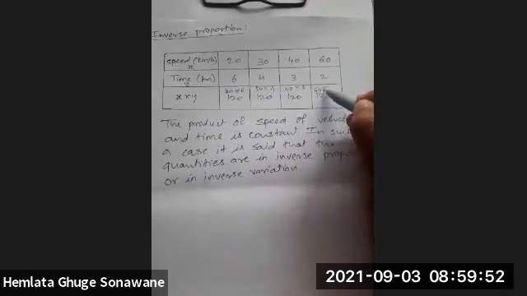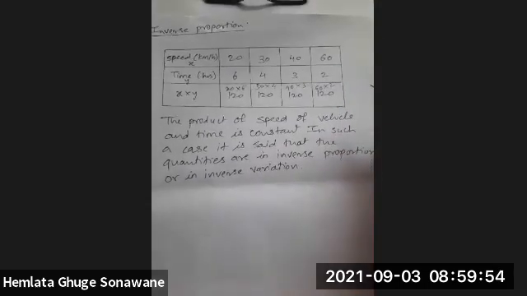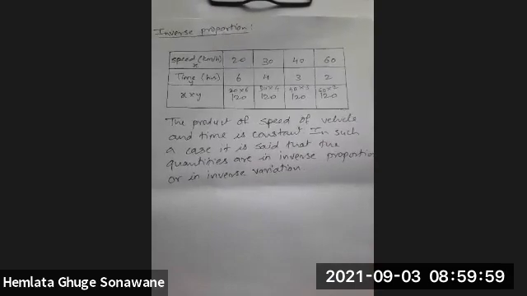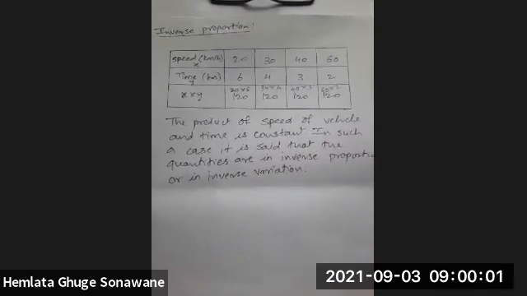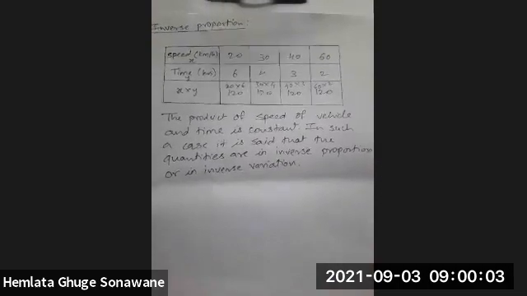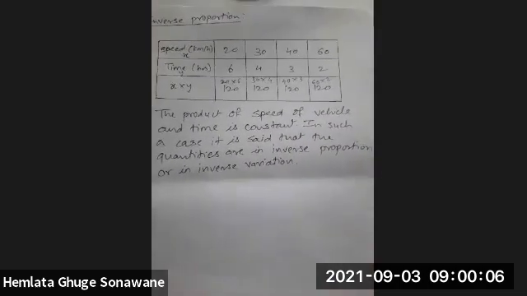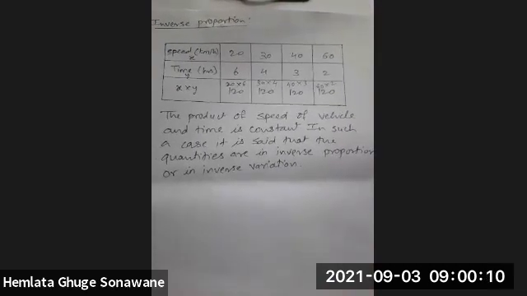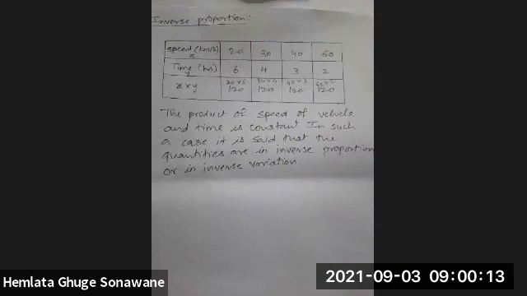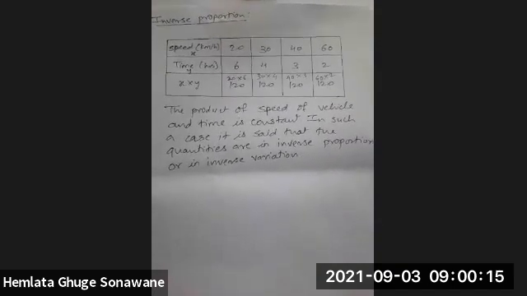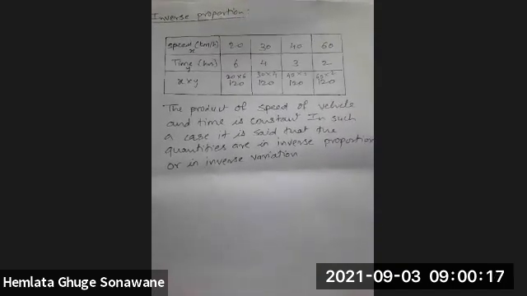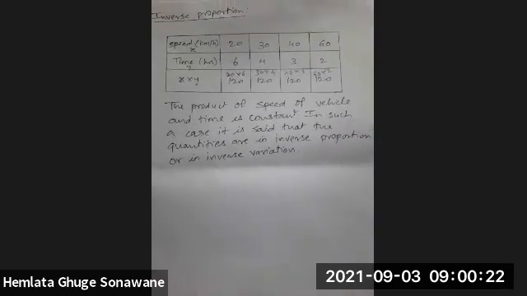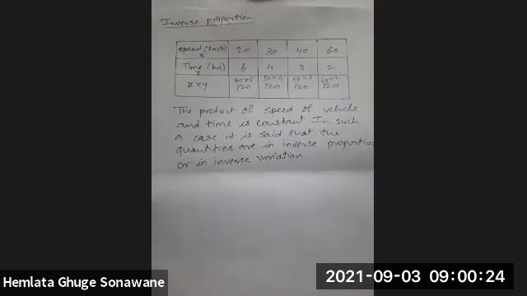So 60 into 2 is 120. Now here the product of speed of the vehicle and time is constant, that is 120. So it is said that the quantities are in inverse proportion or inverse variation. Just go through this.